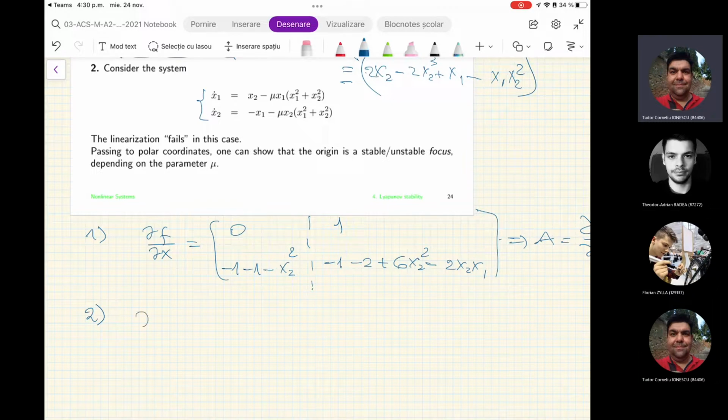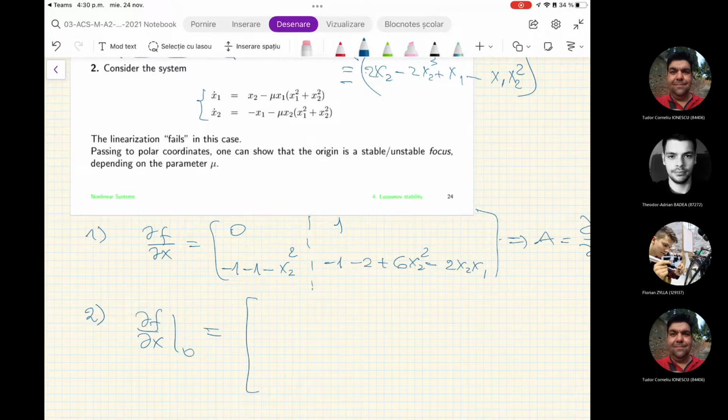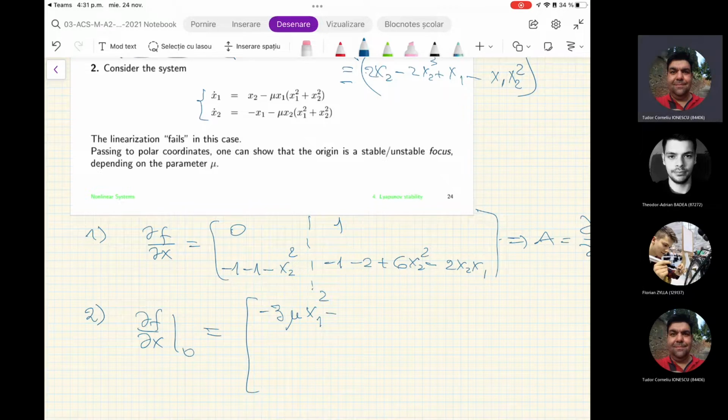So df/dx in 0 is, I'm just trying to do it quickly, minus 2 mu x1, no, minus 3 mu x1 squared minus mu x2 squared.